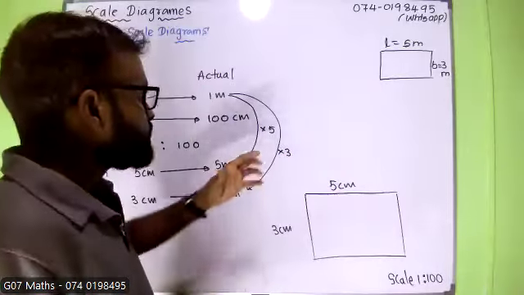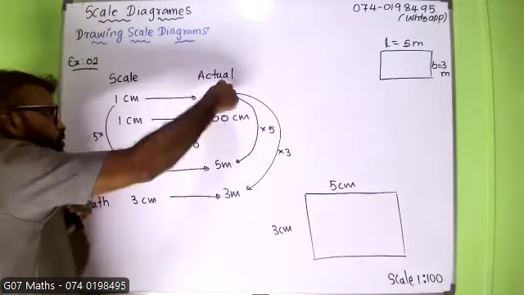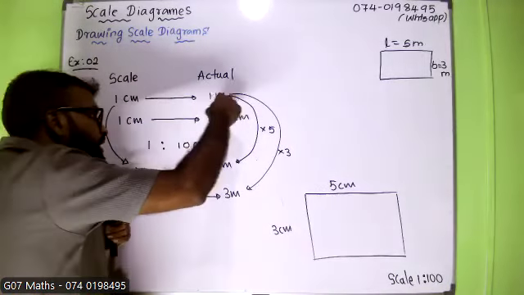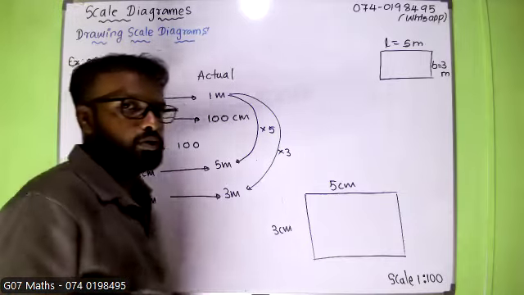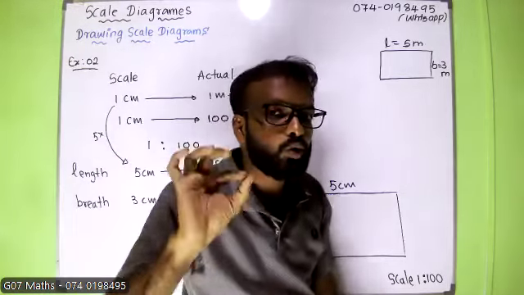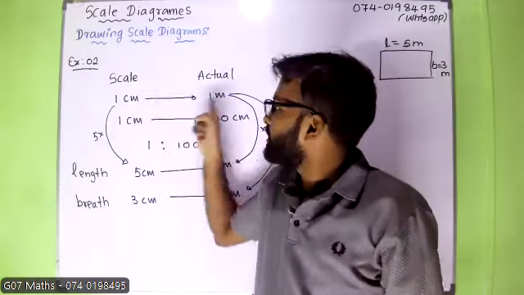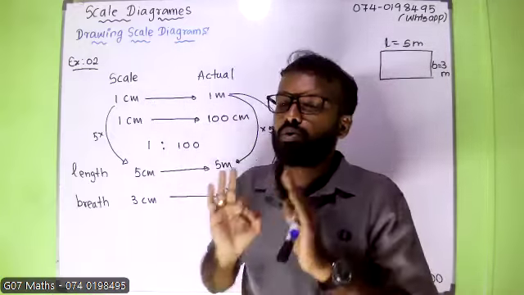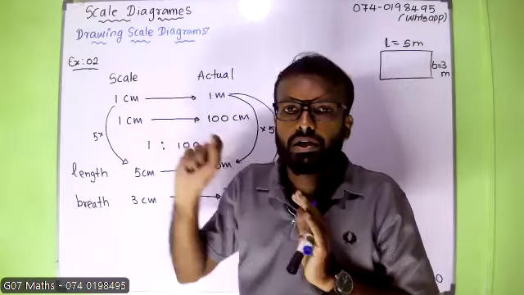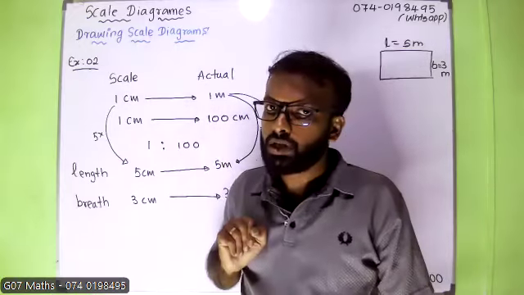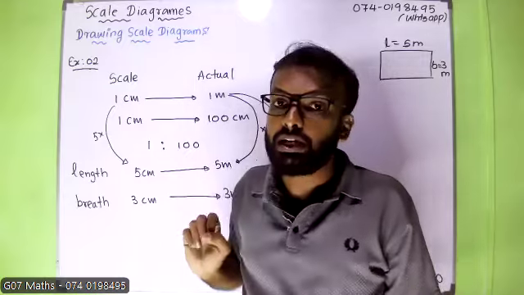Now by using this scale, because you are the person who decides that, I am going to represent actual 1 meter by using 1 centimeter. So you are the one who decided it.